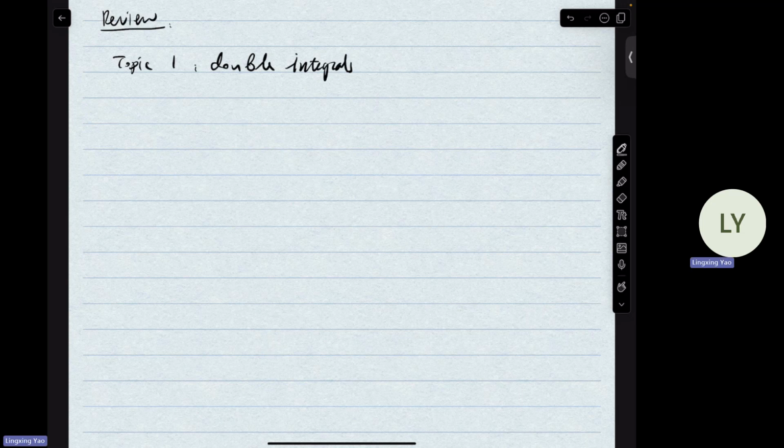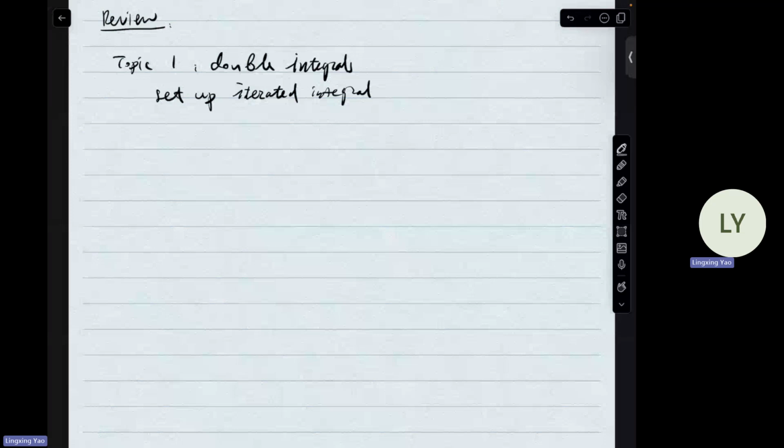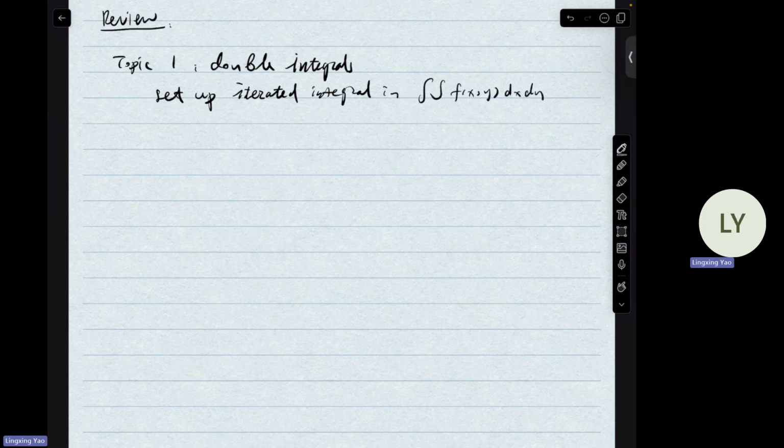Particularly, we need to do a couple of things: set up the double integral, the iterated integral, in the Cartesian coordinates and in the polar coordinates.